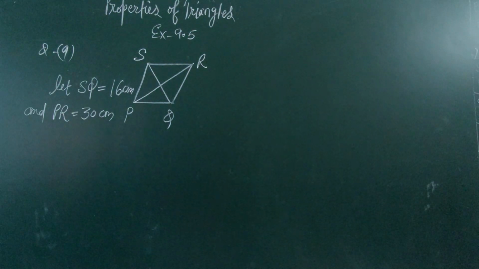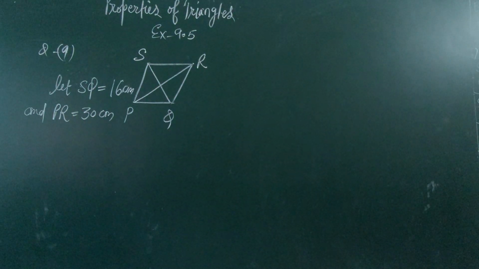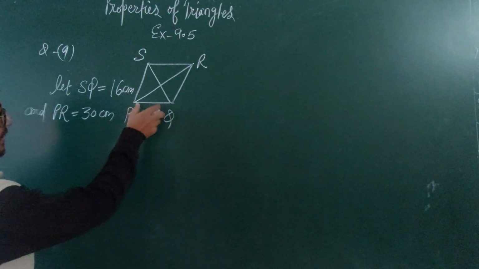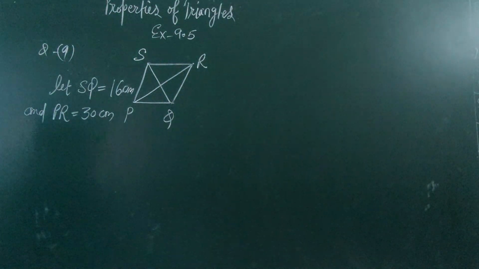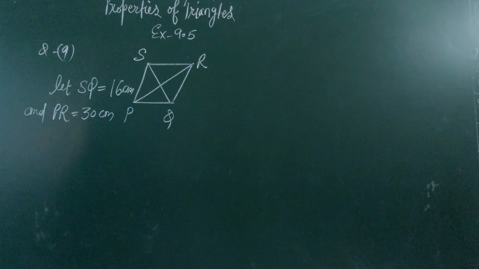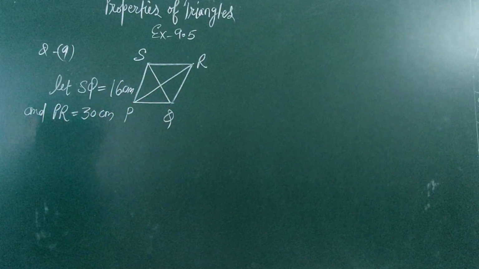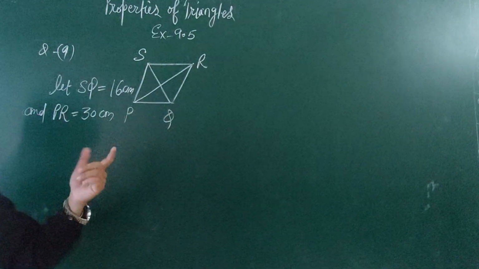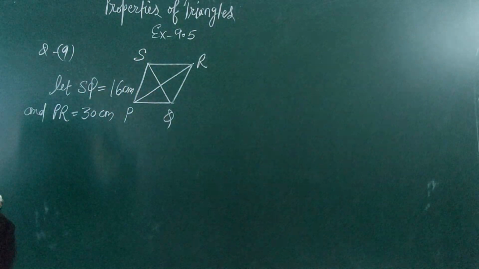I told you in the previous question that perimeter is equal to the sum of all its sides. So we need to calculate PQ, QR, RS and SP, so that when we add them, we will get the perimeter. But by the property of rhombus, all sides are equal. So if we can calculate PQ, then we will get to know all sides of the rhombus.